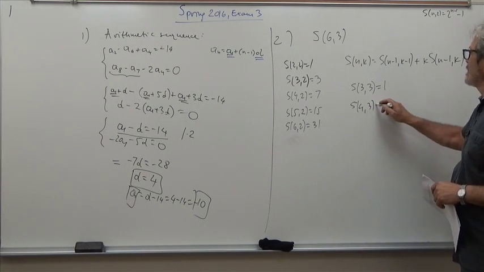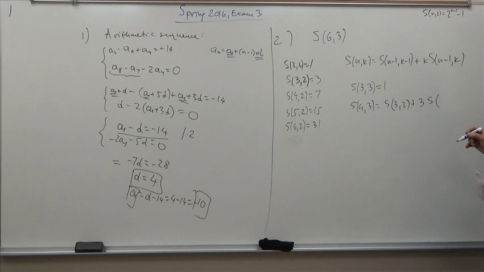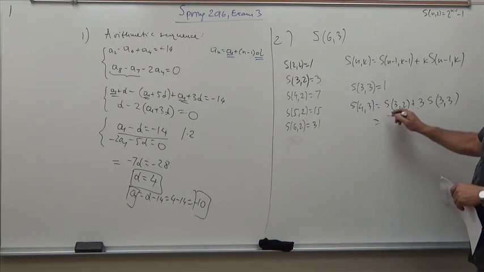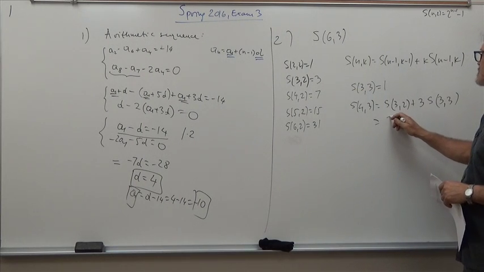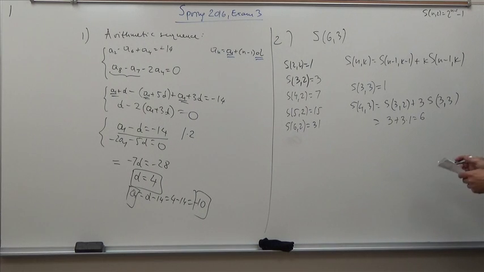Then what? S(4,3) will be S(3,2) plus 3 times S(3,3). We find it here, so it's 3 plus 3 times 1, and that should be 6.